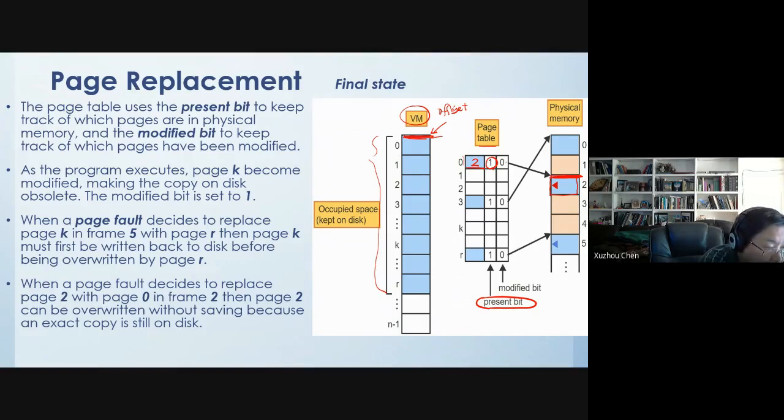Then we can execute the instructions one after another most of the time. Then suddenly we run into an instruction located in page 1. The operating system checks the page table, checks page 1, and finds out page 1 is not loaded.